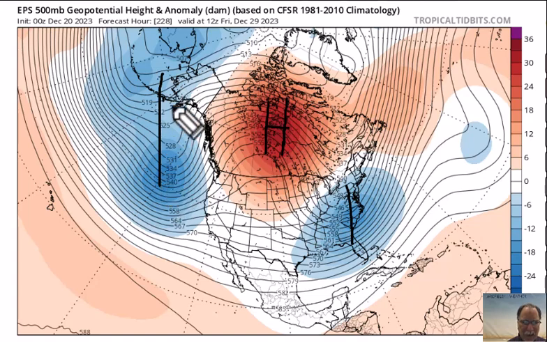Another trough out over the Aleutian Islands in the northern Pacific Ocean, and some ridging cutting across the western part of the U.S. Not a bad pattern at all if you like the idea of colder, increased chance for snow in the eastern states. Is it perfect? Not necessarily a perfect pattern, but certainly a more winter-like pattern coming for the southern and eastern states.